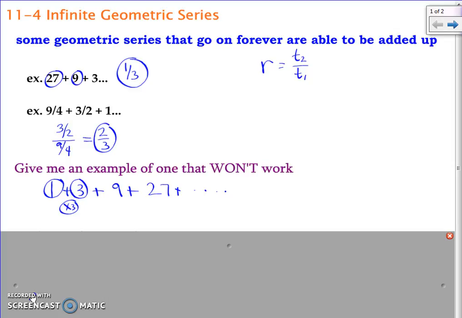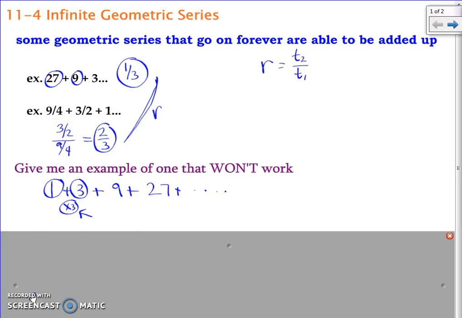Fractions, yes, but more specifically. There's something in common with these two common ratios that's very different from this, besides the fact that they're fractions. The numbers aren't going up.